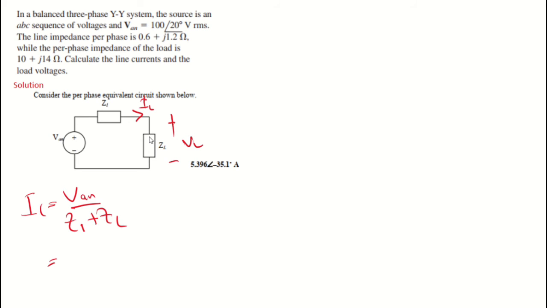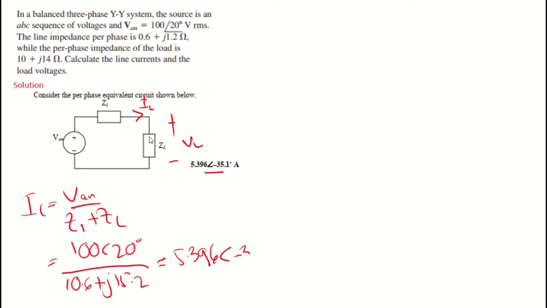So VAN is 100 angular 20 degree, and 10 plus 0.6, you get 10.6, and 1.2 plus 14, you get plus j15.2. If you use the calculator, you get the answer 5.396 angular minus 35.1 degree ampere.